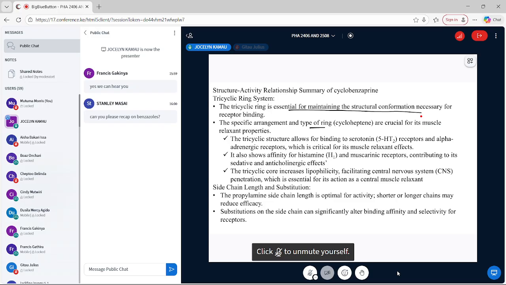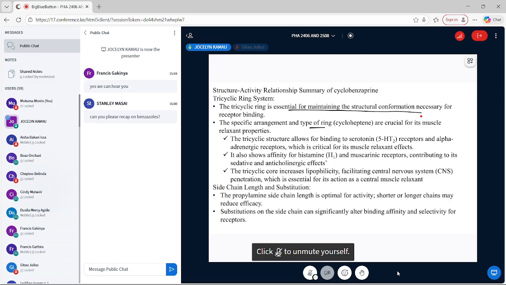The tricyclic structure allows for binding to the serotonin 5-HT2 receptors and alpha-adrenergic receptors, which is critical for its muscle relaxant activity. It also shows affinity for H1, with structural similarity to the phenothiazine derivatives, and muscarinic receptors, contributing to sedative and anticholinergic effects.